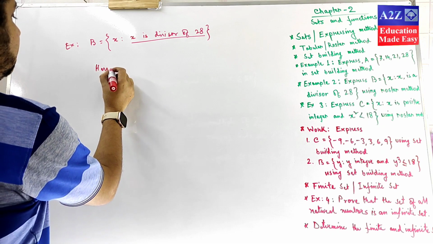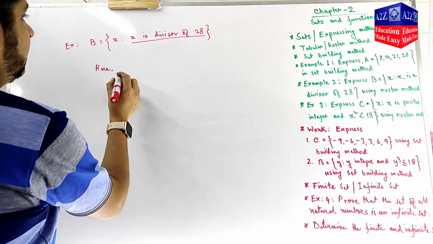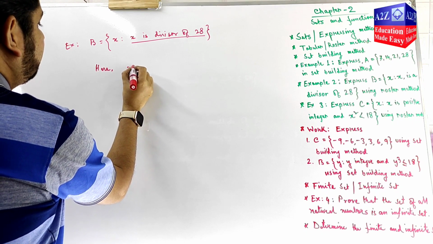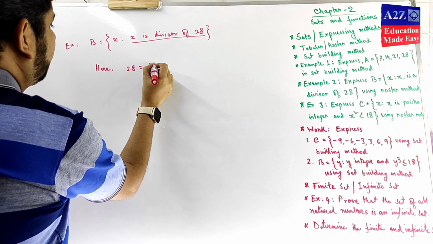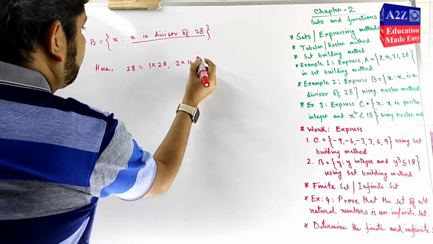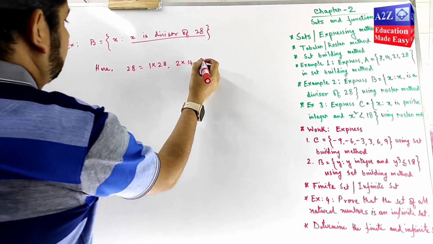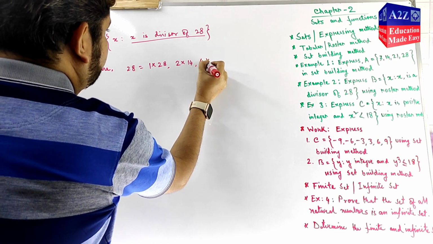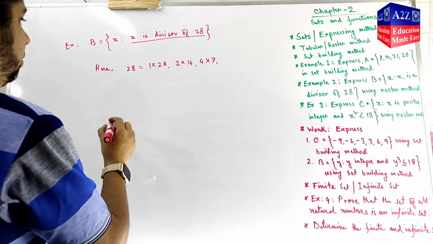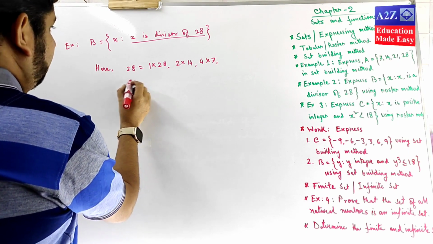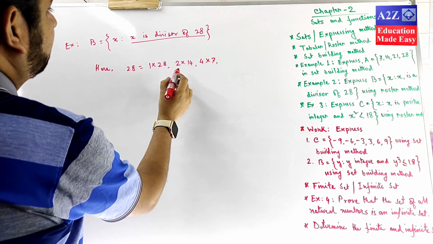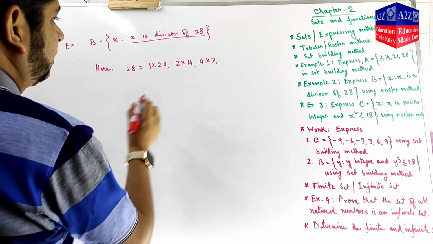A divisor of 28, what can it be? 28 equals 1 into 28, maybe 2 into 14, there is no 3, yes, 4 into 7, then no more. So 28 can be expressed in 3 different ways: 1 into 28, 2 into 14 and 4 into 7.